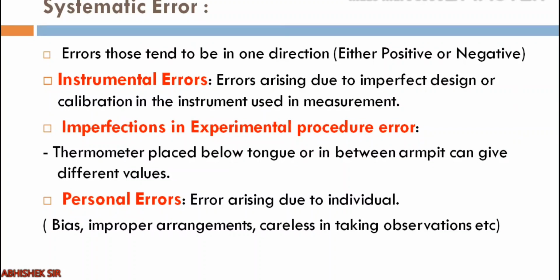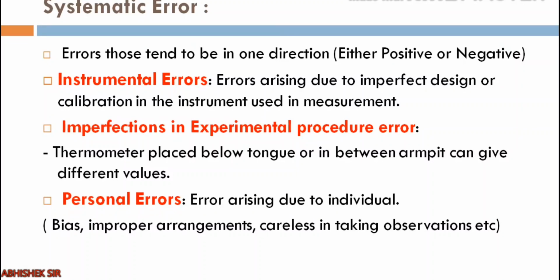Clear? Now, imperfection in experimental procedure error, a long name but it tells everything, right? The experimental method, the process, the procedure that you have applied for the measurement, is having some problem.